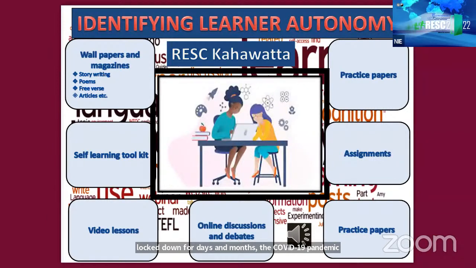Teaching and learning in the normal classroom had to be changed, and making learners autonomous became a need of the hour. Thus, identifying learner autonomy, ways of making learners autonomous, and the variety of activities for learners to be autonomous were studied. The following activities were done to make learners autonomous.